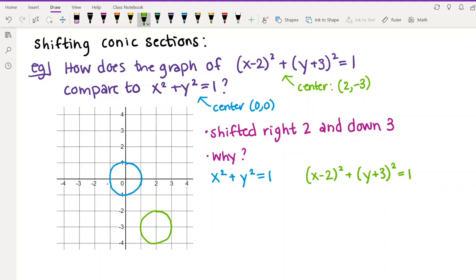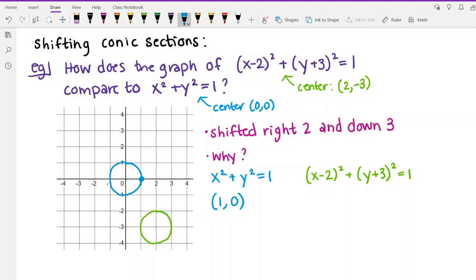The way I want to think about this is thinking about a point that lies on each of these graphs. So what's an example of an easy point that lies on the graph of this circle? Let's go with the point 1, 0. So the point 1, 0 lies on this graph, right? Because we can see that by just looking at the graph, but also because if you plug in 1 for x and 0 for y, you get 1 plus 0 is equal to 1.